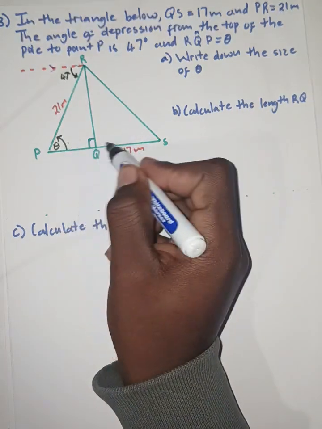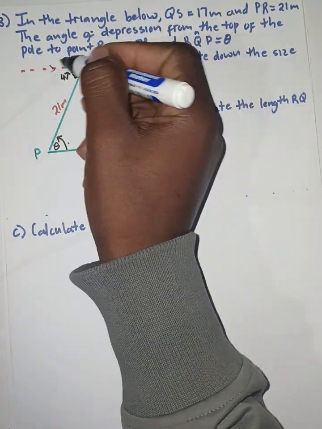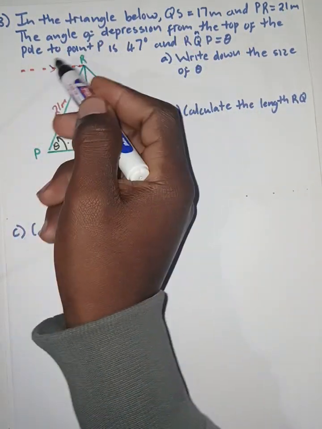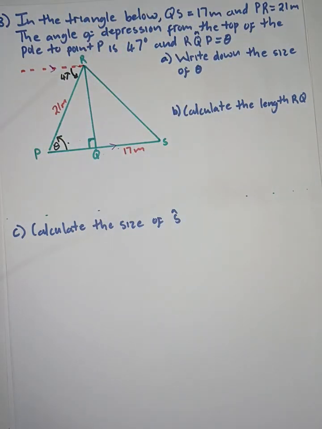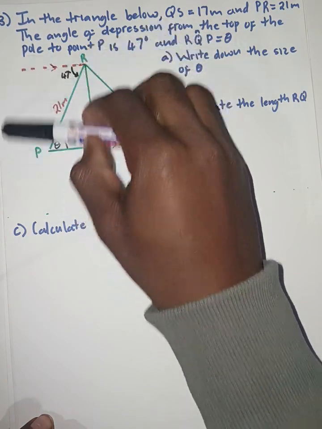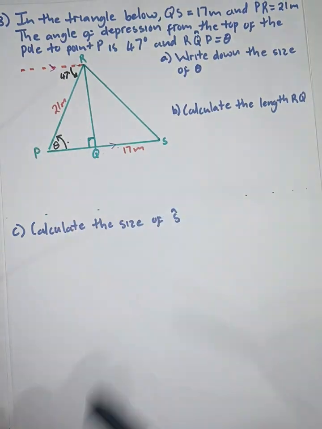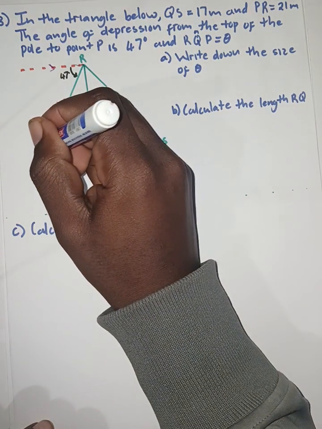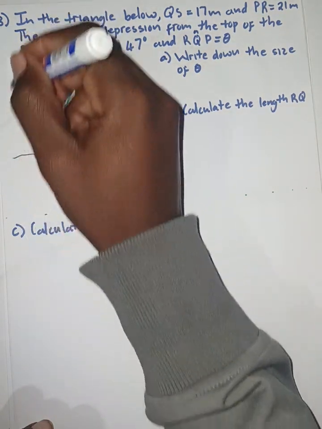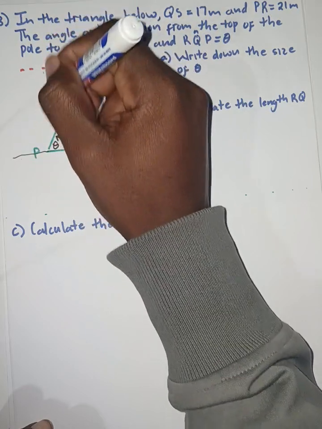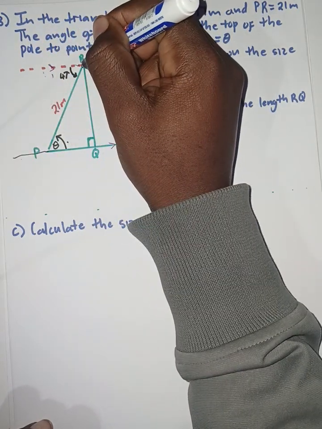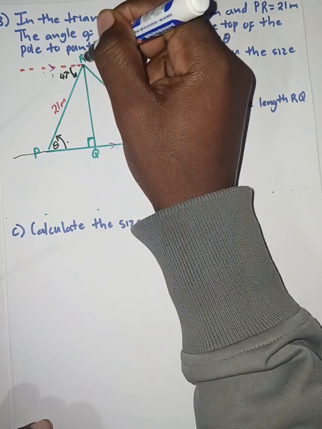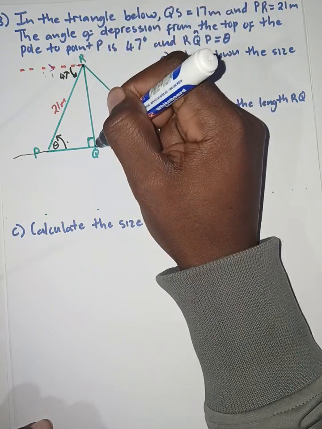If this is the ground, and we have another horizontal line up there, let's extend that side. This distance here would be equal to the distance between these two points, from Q until that point there.